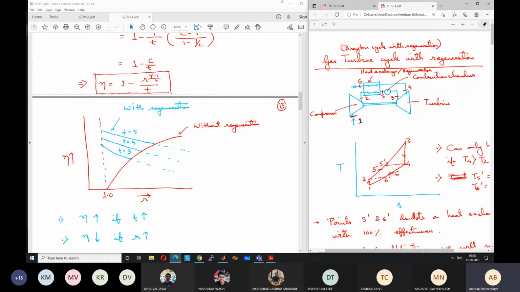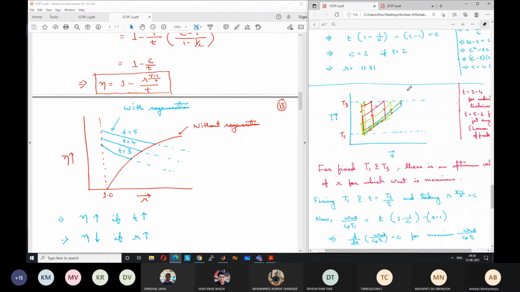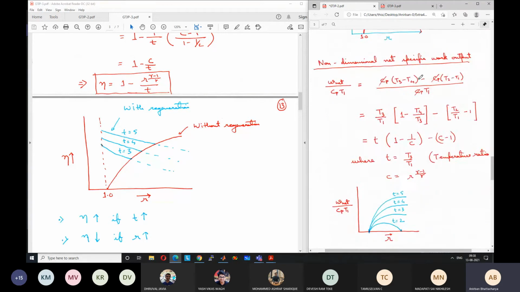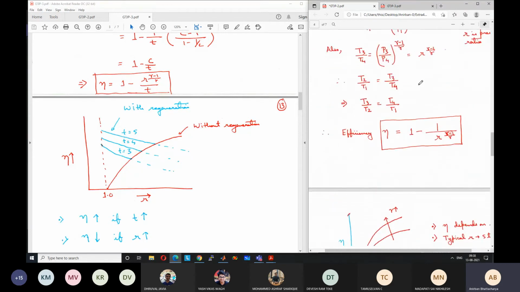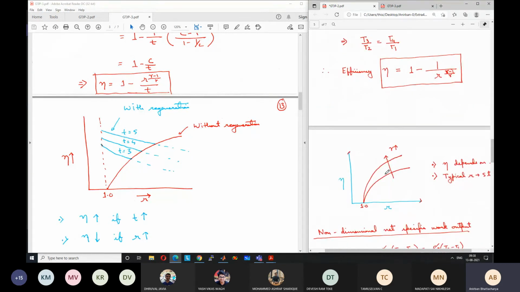There, if I had a fixed R, the efficiency was fixed; it was not changing with temperature ratio. But in our case, it is changing. So why is the efficiency increasing with temperature ratio for a fixed R? What is the physical reason behind this? Not the mathematical one.